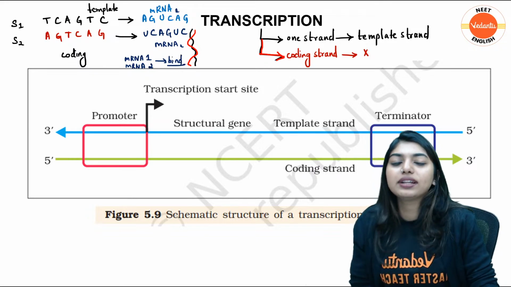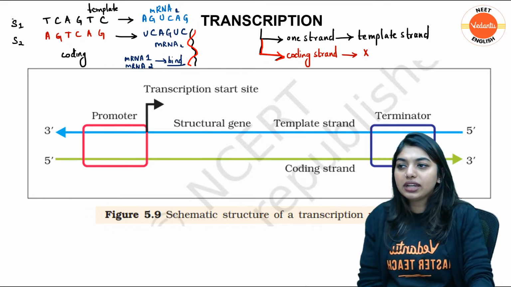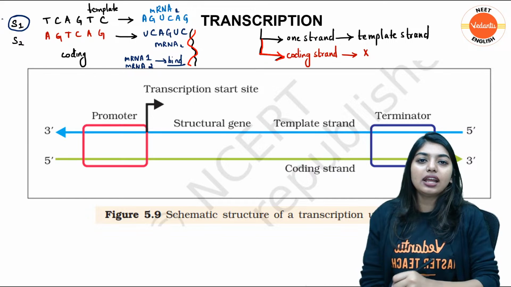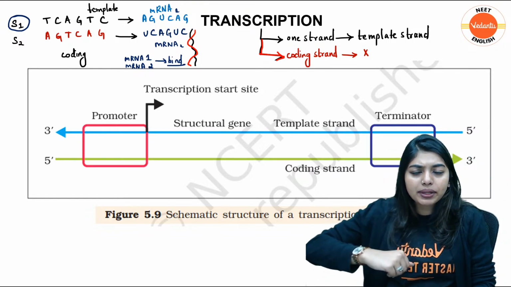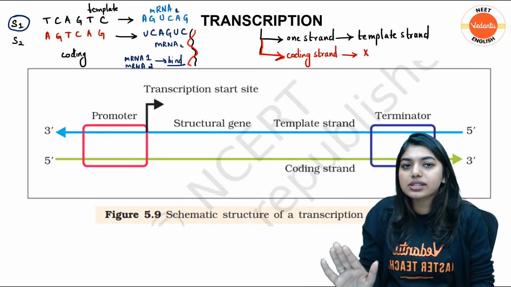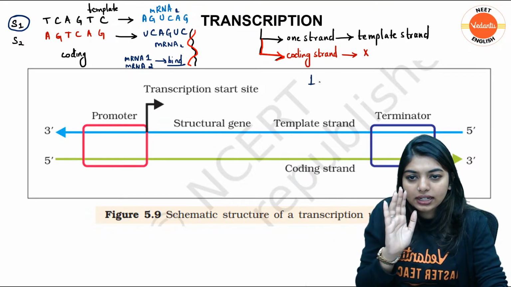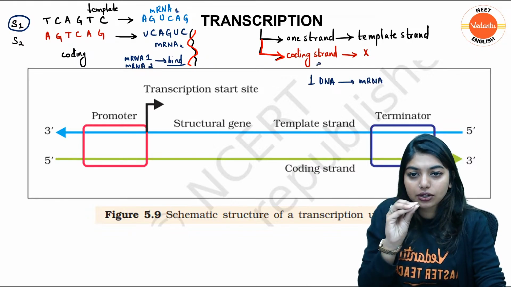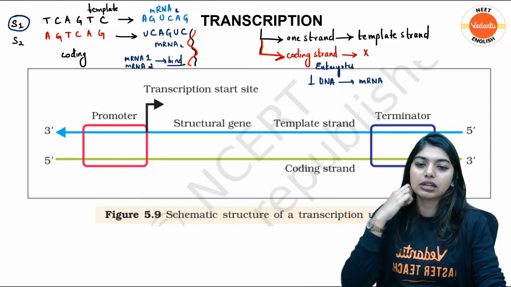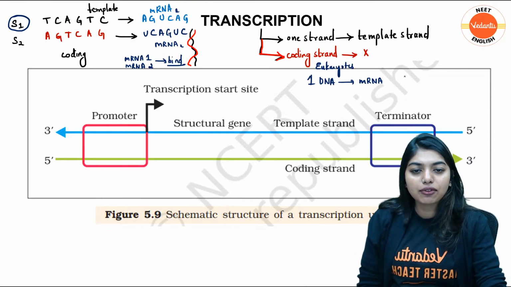Now to avoid this, I will only take one strand of the DNA for the transcription. Because why do I want such complications? Because I know that according to central dogma, one DNA will give rise to one mRNA. This is only about eukaryotes, okay? This is about eukaryotes, not about prokaryotes. Prokaryotes can do multiple. One DNA will form one mRNA.